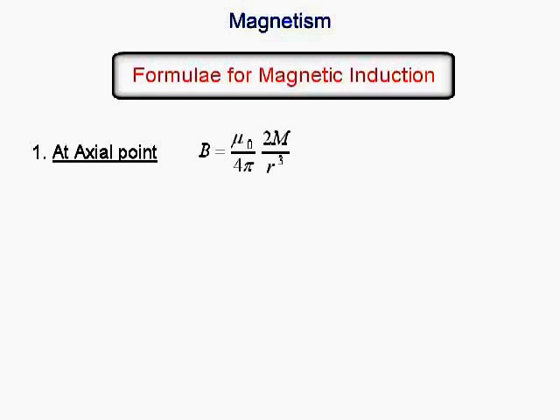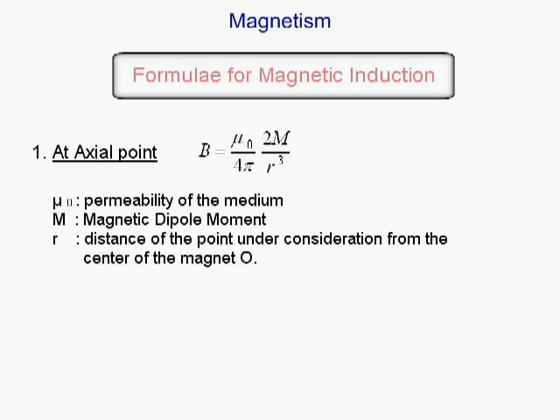The magnetic induction at an axial point is given as B is equal to mu naught upon 4 pi into 2M upon r cube, where mu naught is the permeability of the medium, which allows the magnetic forces to act. Capital M is the magnetic dipole moment, and r is the distance of the point under consideration from the center of the magnet O.